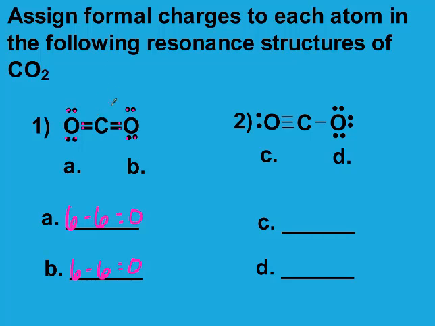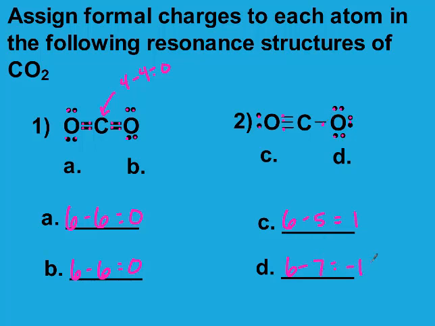We didn't calculate carbon, but carbon came in with 4. And it has 1, 2, 3, 4. So it also has a formal charge of 0. On structure 2, oxygen came in with 6, and it currently has 1, 2, 3, 4, 5. So that's a positive 1. And then D came in with 6, and it has 1, 2, 3, 4, 5, 6, 7.